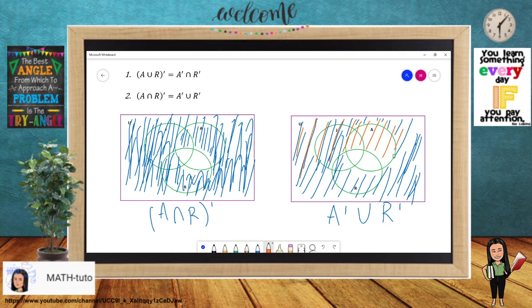Except for R. Okay. So, dahil union, ang operation natin, lahat ng nagkaroon ng shade, kasama na sa may shade. Which means that the only portion that is not shaded is this part here, which is A intersection R. Which means that these two operations are equal.